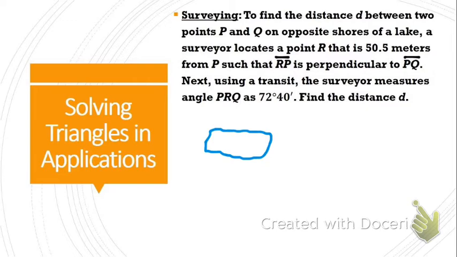Not really. I'm going to do them like this. So here's my point P. Here's my point Q. What are we calling the distance between them? D. It says find the distance D.